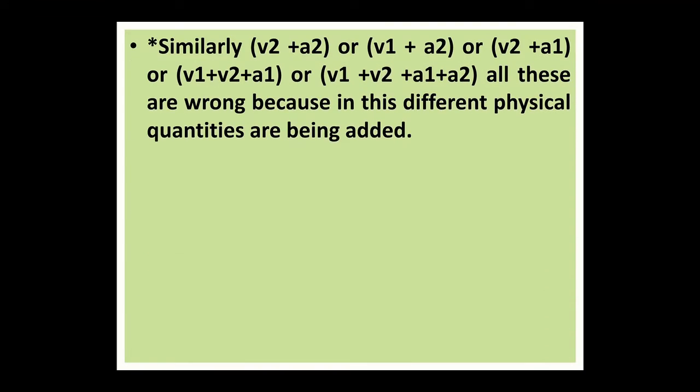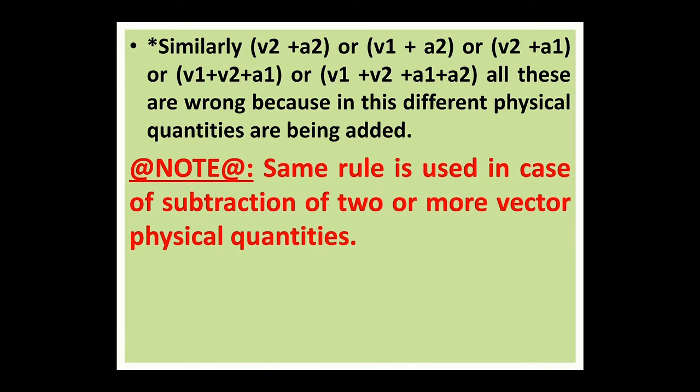Similarly, addition of v2 with a2, or v1 with a2, or v2 with a1, or v1 and v2 with a1, or v1 and v2 with a1 and a2, all of these operations are wrong, which means you cannot perform these because these operations include two or more different physical quantities, so you cannot simply add them.